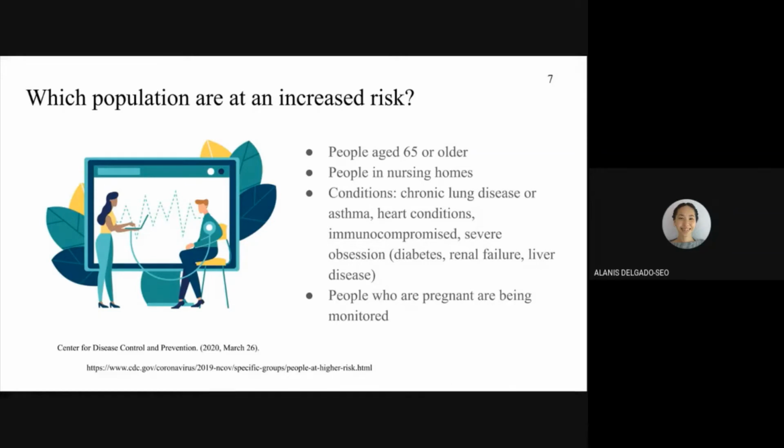Okay, so this is Alanis again. Anyone can be infected by COVID-19. However, the way that each person reacts to the infection is different.